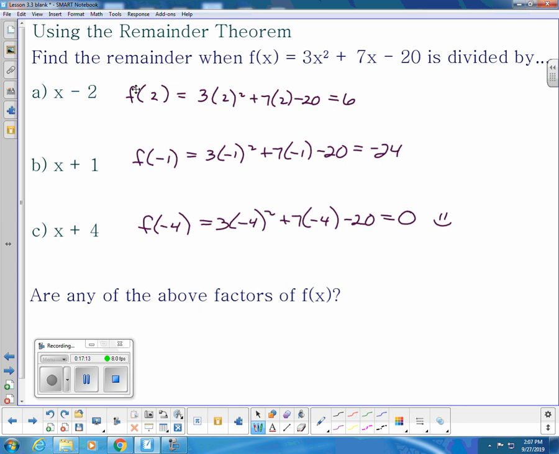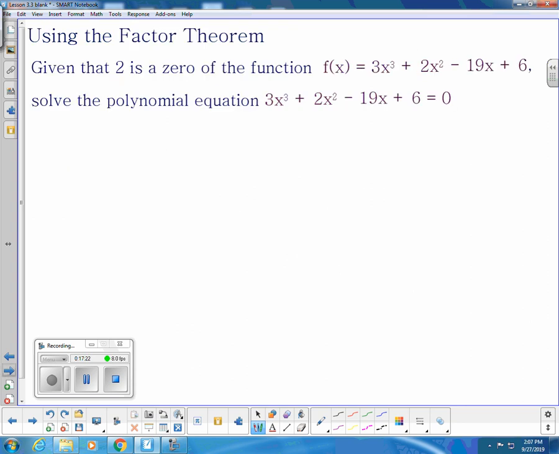Now, how can that be helpful to us? Well, let's say we are given that 2 is a 0. If 2 is a 0, that means if I plug 2 in, I get a 0. What would the factor be that matches that 0? x minus 2.